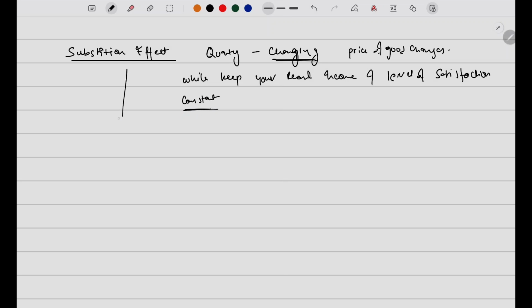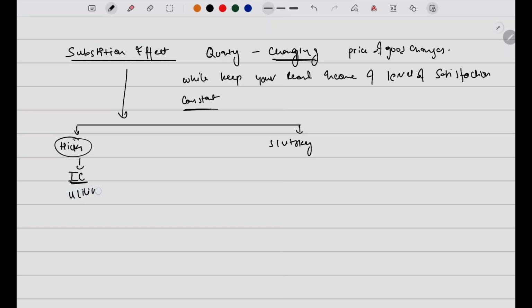Now in substitution effect there are two kinds of substitution effect. The first is what Hicks said, and the other is what Slutsky said. So these two people had different ideas of the substitution effect. The main point of Hicks was that the person should be on the same indifference curve, that is, his utility or satisfaction should remain the same.